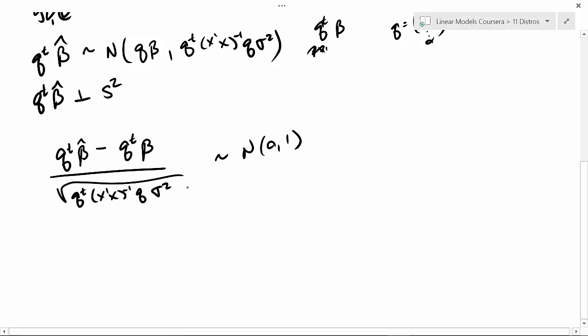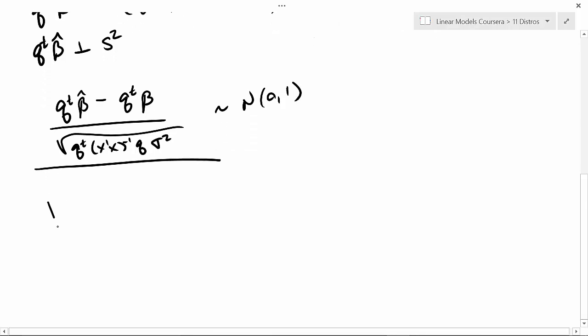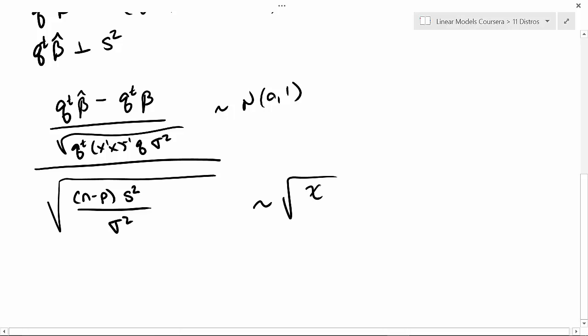Furthermore, we could divide this whole thing by the square root of n minus p times s squared over sigma squared, divided by n minus p, which is the square root of a chi-squared divided by its degrees of freedom. So this quantity right here we've talked about as chi-squared, and there is its degrees of freedom.